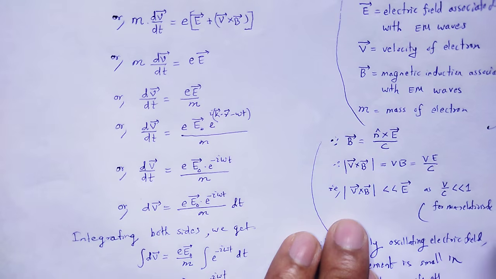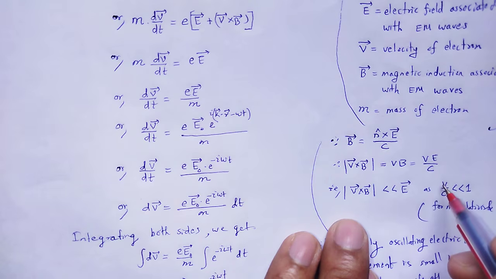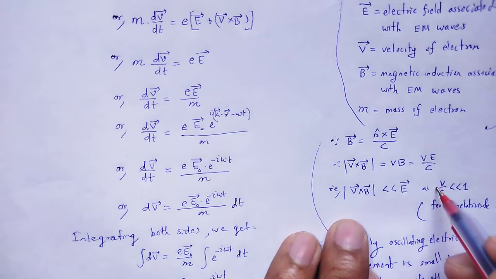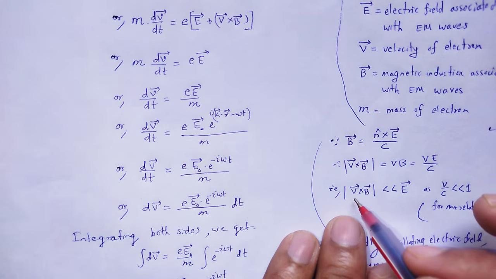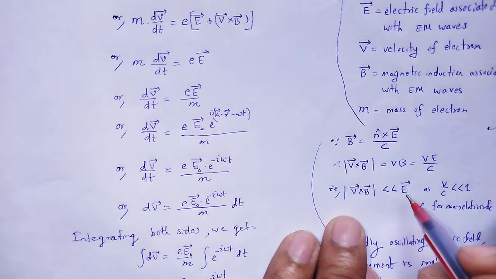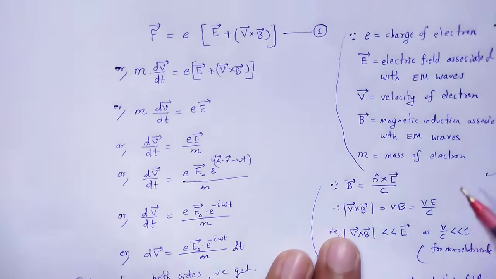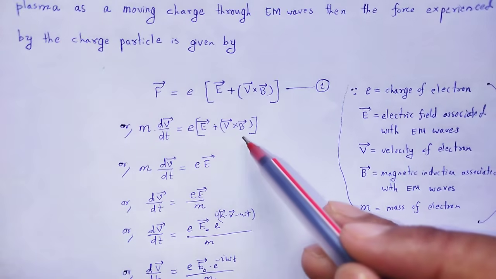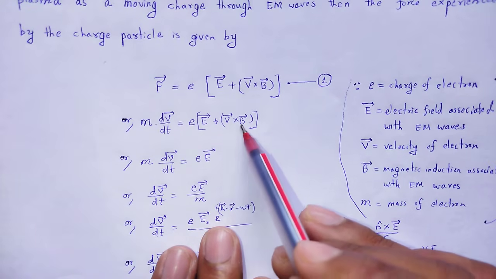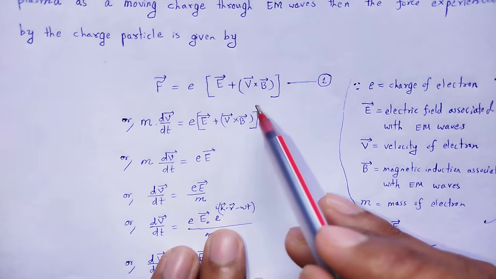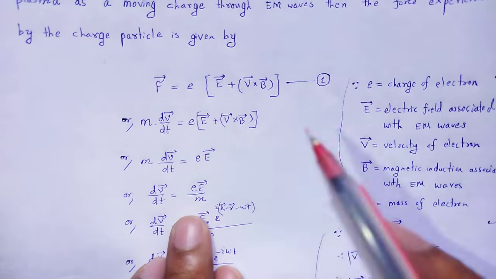For the non-relativistic case, the ratio of velocity to that of velocity of light is very less than 1. That is why that cross product magnitude is very less than E vector. Now in the second term, the cross product of V and B can be neglected, only the first term exists.